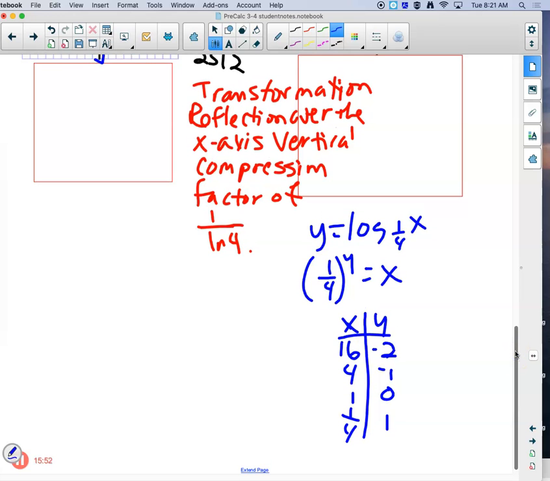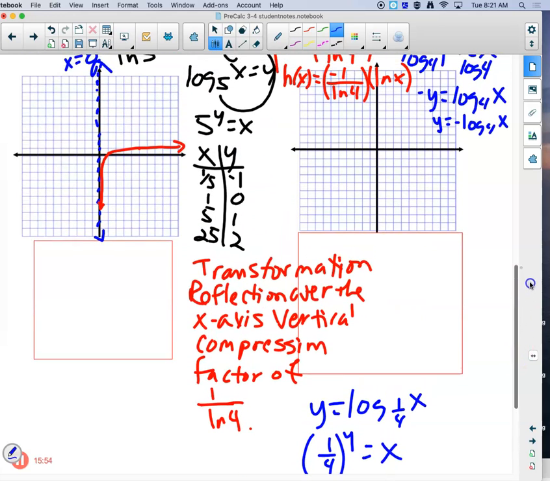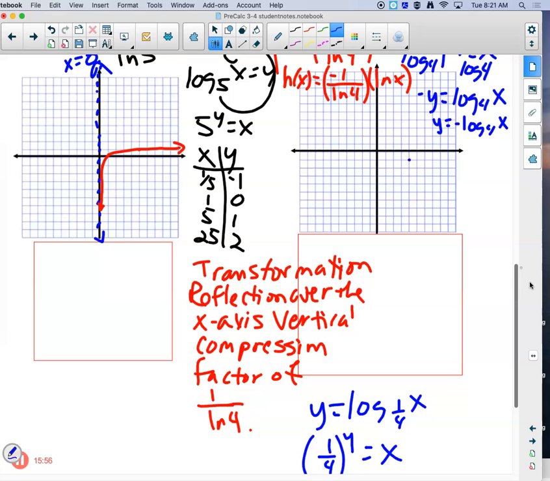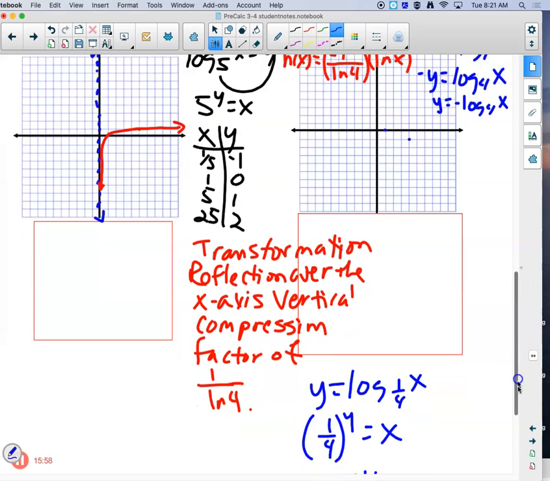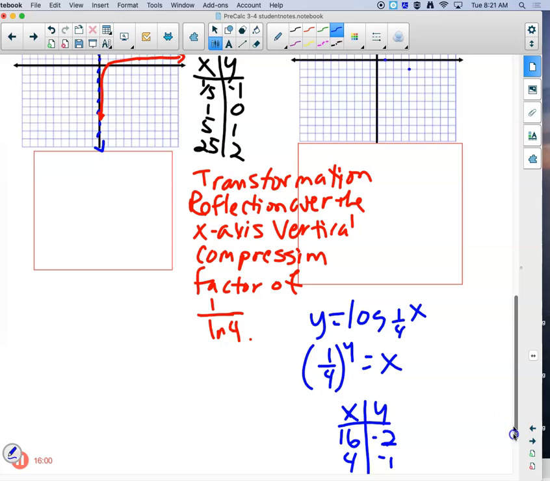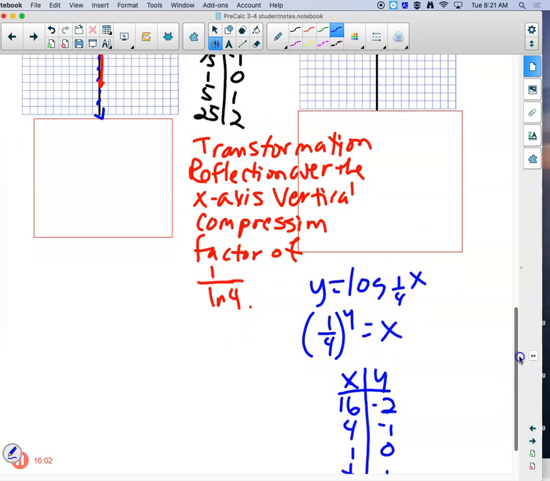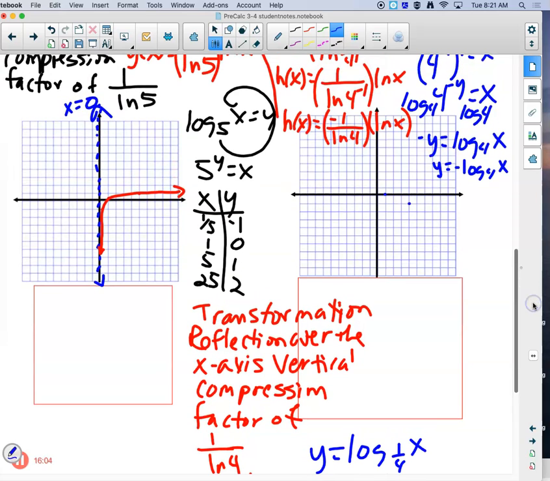So 4, -1, 1, 0. And then we have 1/4, 1. And again, we still have our asymptote of x equals 0.